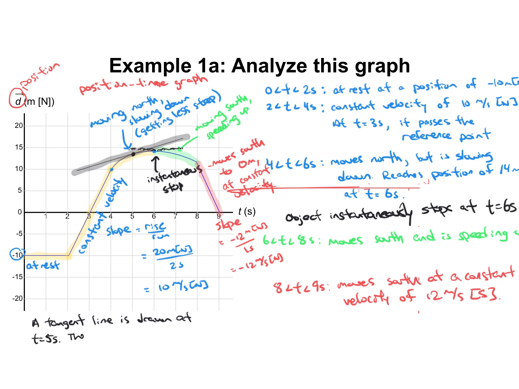The slope of a tangent line gives instantaneous velocity.